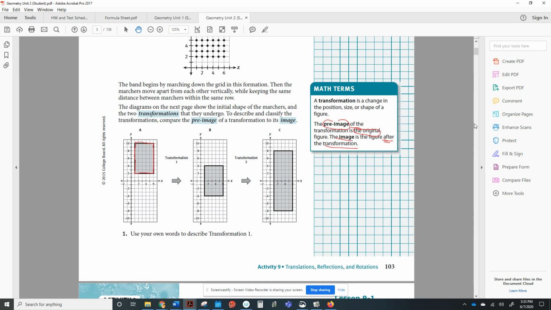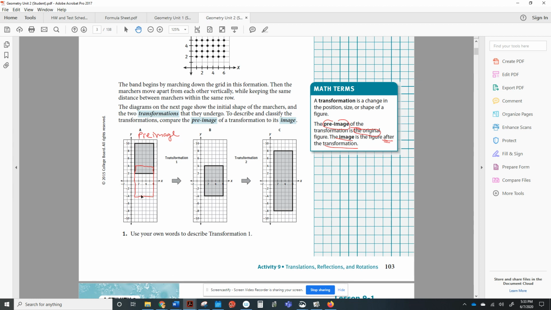So this one right here is our pre-image. What they're really doing is taking this pre-image and sliding it down until it gets to right about here.